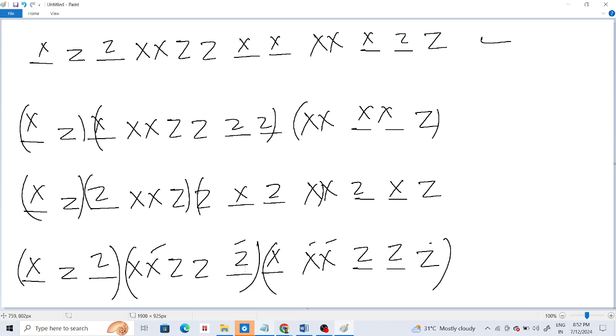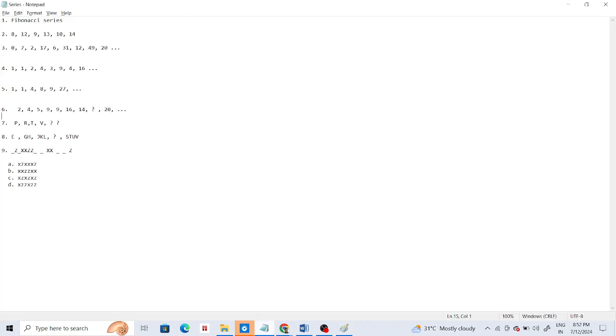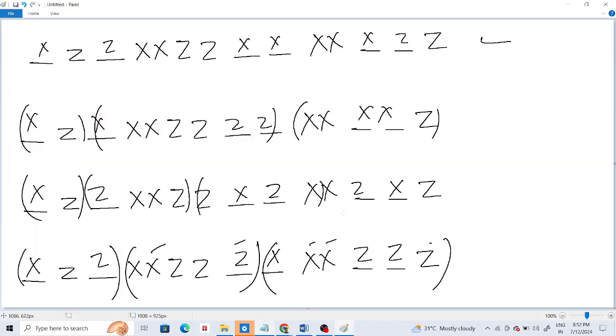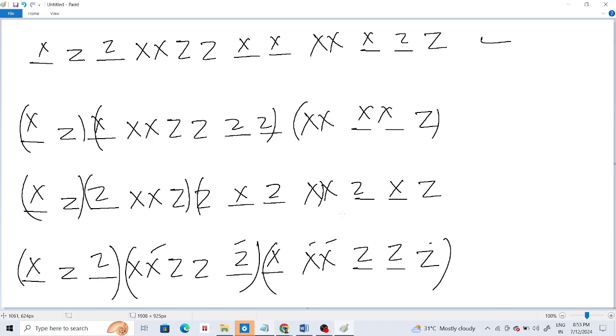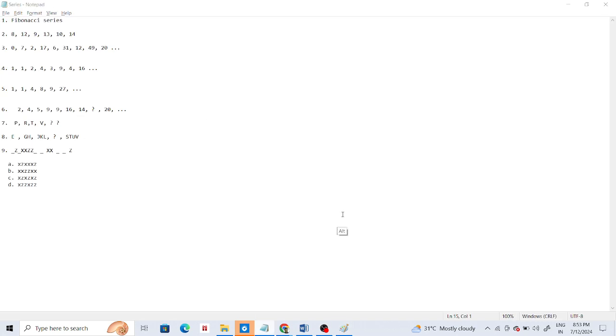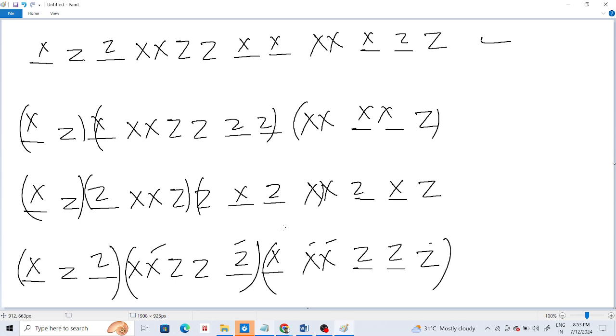So we can take the third example once, because see it's alternate, like XZ then ZX then again XZ then again ZX, so it's coming in an alternate. X and Z are alternating their position. Which one?